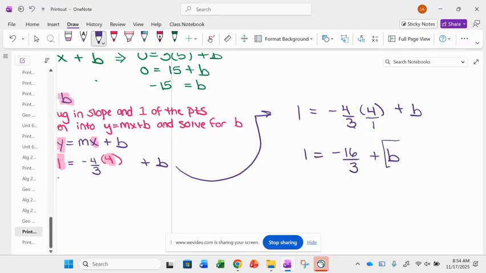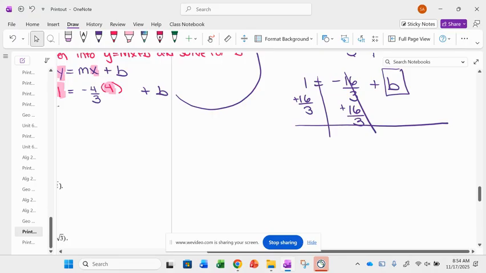I need to solve for b. So do we all agree I need to get rid of the negative 16 over 3? How do I bring the negative 16 over 3 to the other side? Yep, we're going to add 16 over 3. So now I have 1 plus 16 over 3 equals b.